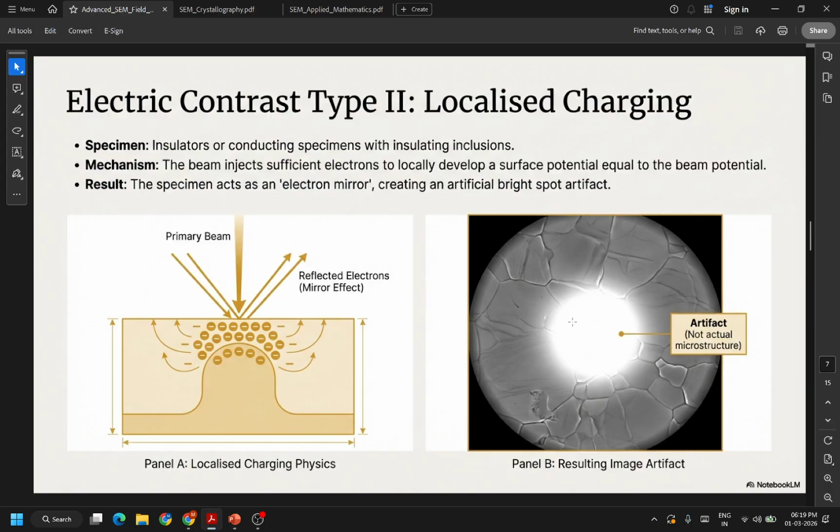It is not actually part of your material. It is coming due to these trapped electrons, and these trapped electrons create a localized charge here. So this can be used to visualize your insulation strength.